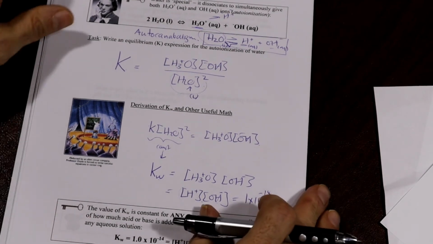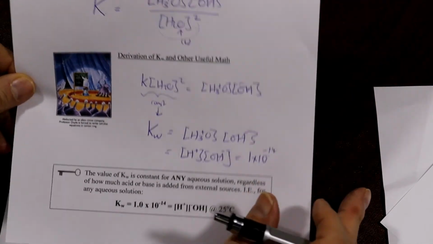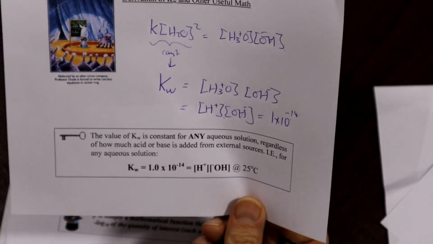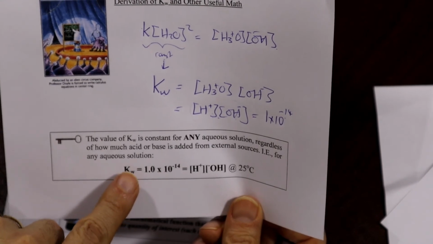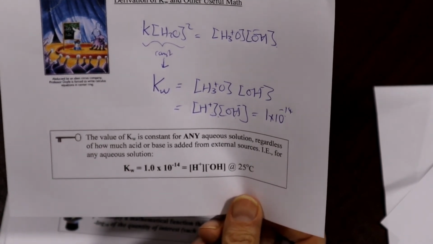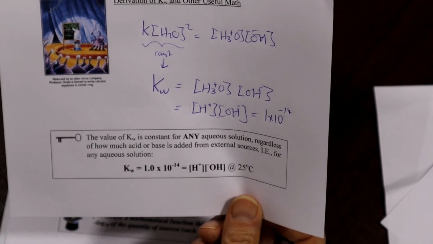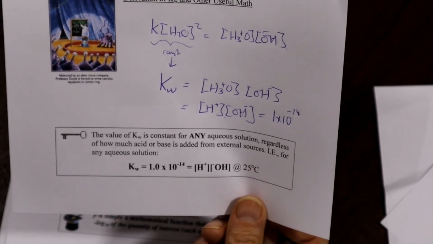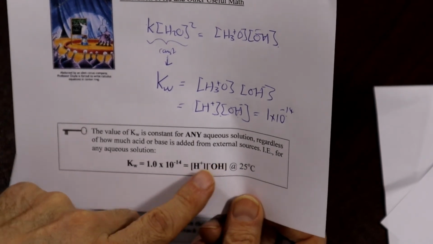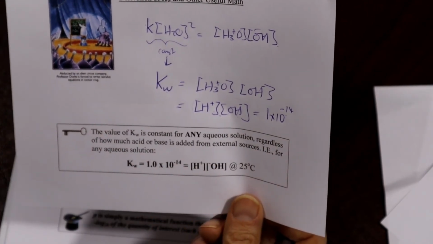All right, so look down here. Kw is 10 to the minus 14, which equals, in any aqueous solution, since this equilibrium is always in the background, the H+ concentration times the OH- concentration, this small number, okay?